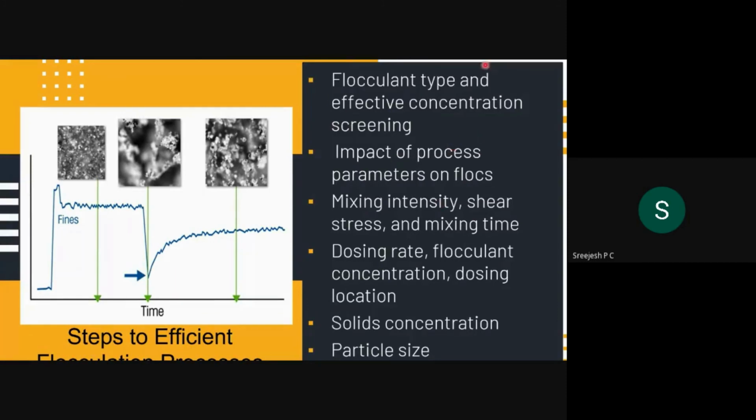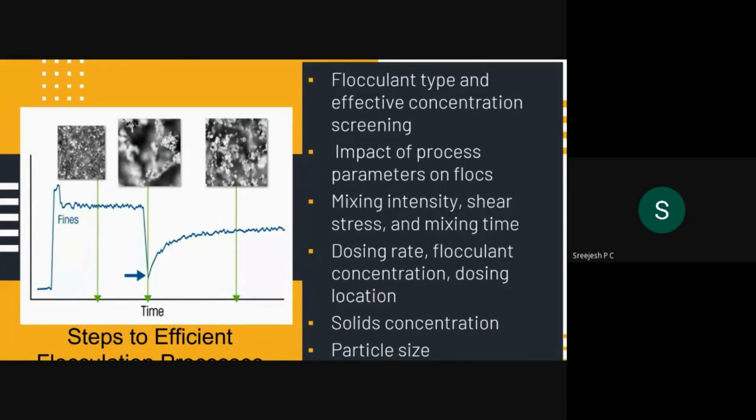What are the things you need to consider? One is the flocculant type. What type of flocculant we need to use and what effective concentration we have to use, that we need to screen. And the impact of process parameters on flocculation: the effect of temperature, pH, flocculant concentration, even the mixing intensity, the shear stress, mixing time, dosing rate, dosing location, solid concentration, and particle size.